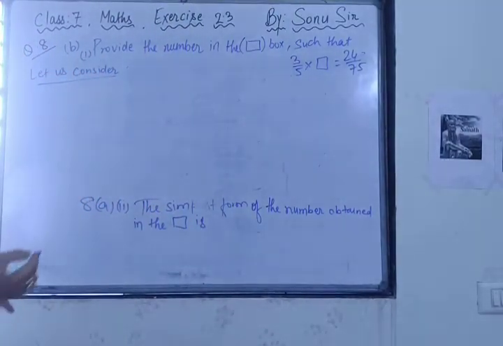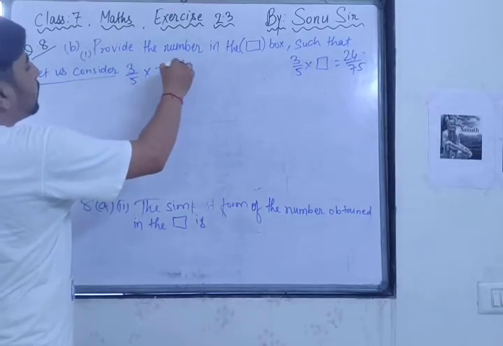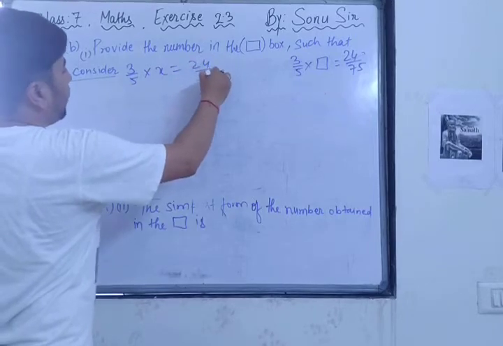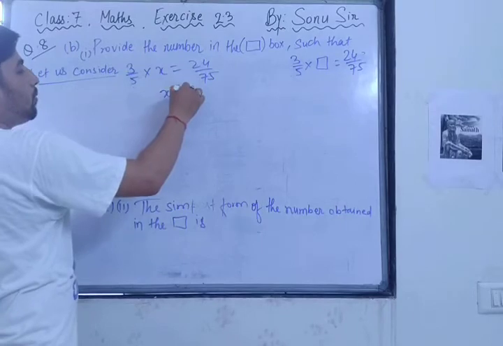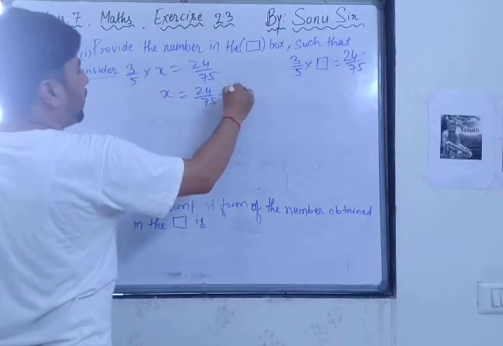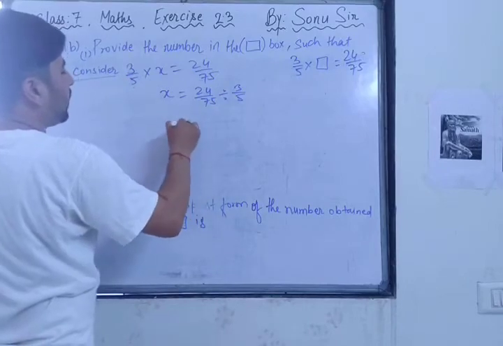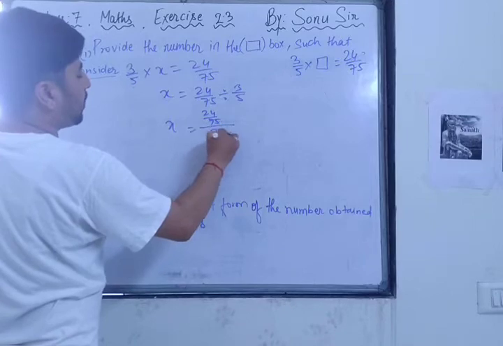So very easy. Let us consider 3 by 5 into x is equal to 24 by 75. Right? So this side is multiplied, it will go to that side and become division. So x is equal to 24 by 75 divided by 3 by 5.